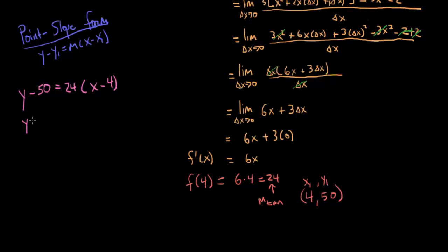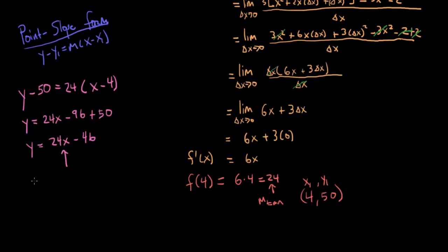We could say that y equals, let's see, 24x. I'm going to expand this right here. 24x minus, now what's 24 times 4? That's going to be, I guess, 96. And then we need to add that 50 right there. So we could say that y equals 24x. Now, what's the sum of negative 96 and 50? That's negative 46.